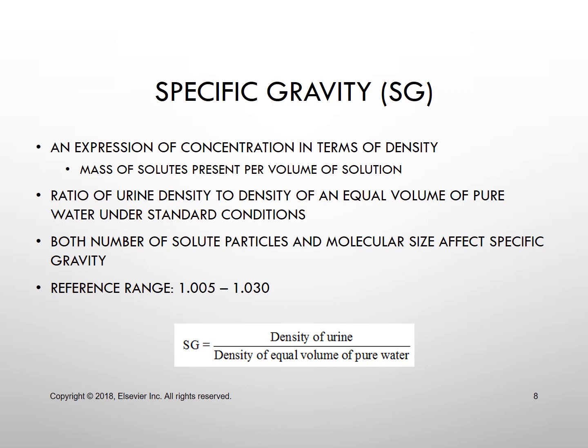It's usually a ratio of urine density to the density of an equal volume of pure water under certain conditions. The reference range for specific gravity is 1.005 to 1.030. So the greater the density of the urine, the larger the specific gravity value, because it's more concentrated.